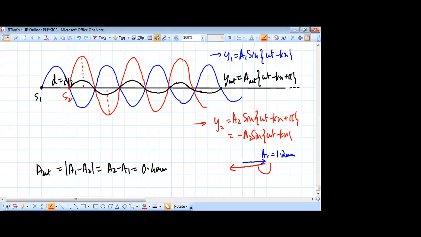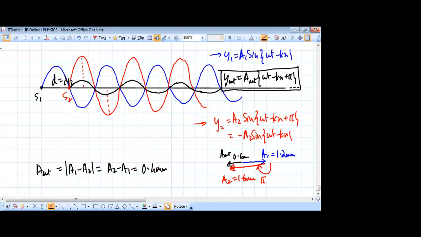It's at a phase difference of pi, but the amplitude is 1.6 mm. So your resultant amplitude is becoming this one, but it's in opposite phase with the first one. So that's why in the resultant wave equation you have this. That's all.